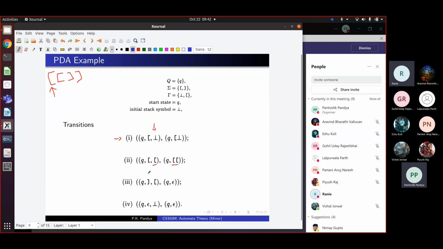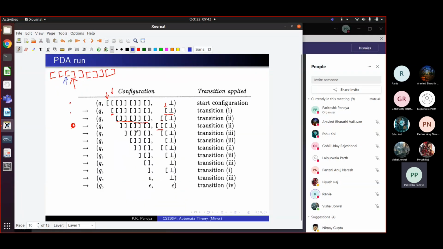We have a rule which says if the next symbol to be processed is a close bracket and on the top of the stack is an open bracket, then I erase that open bracket from the stack. So I rewrite it by epsilon. Correct? That is this rule. So I apply that rule here.